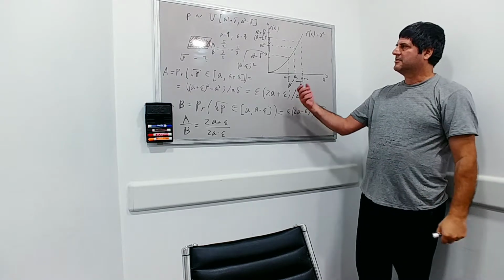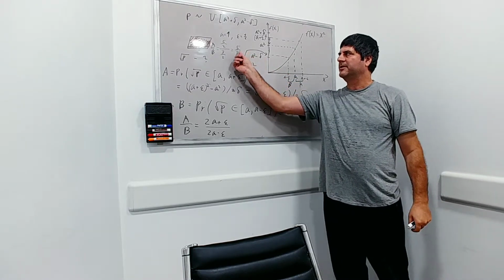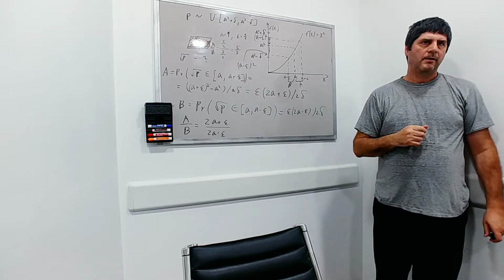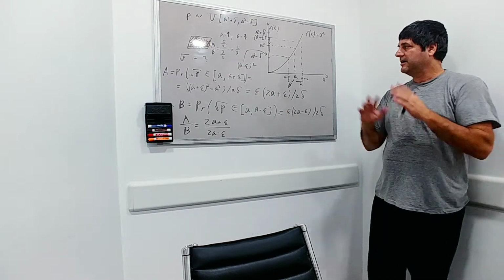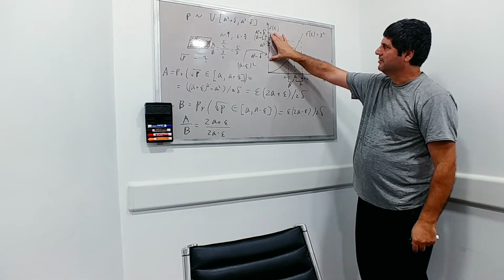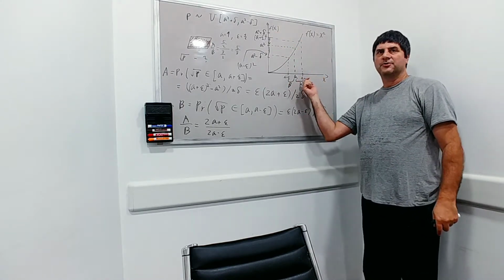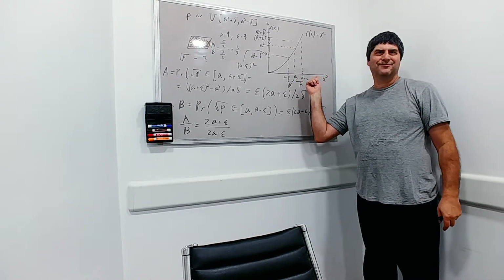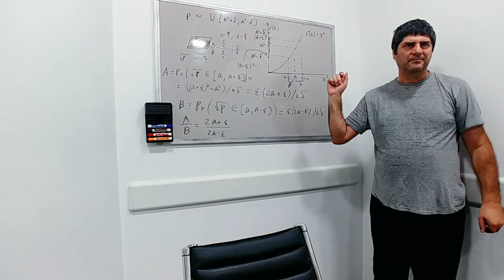So basically, this is how much bigger A will be compared to B. So the end result of this is that you're choosing uniformly here, getting a non-uniform choice here, so you'll be preferring to go in this direction if this is a search problem.